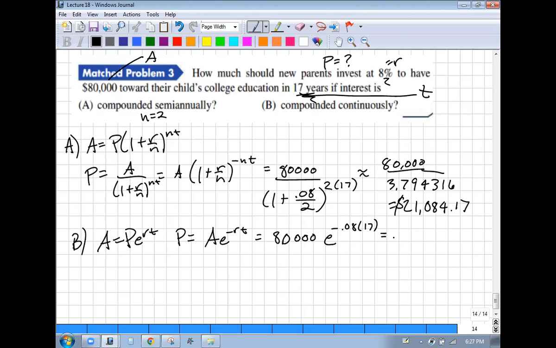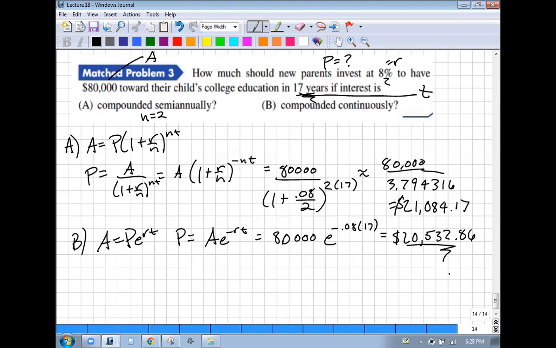So I hit negative 0.08 and multiply that by 17, so I'm looking at a negative 1.36, and I can just hit e to the X, boop, and then multiply by 80,000. We get $20,532.86. So if you're compounding continuously, you're collecting more interest on interest, so it requires less of an initial investment.